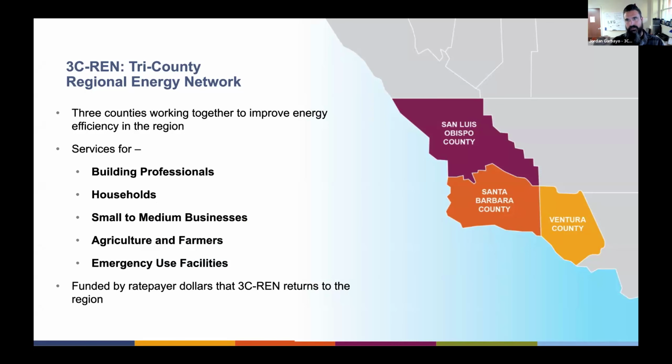That small percentage we all pay on our investor-owned utility bills, whether it's PG&E, SoCal Edison, or SoCal Gas, to bring programming to our region that otherwise wouldn't be served by other programs that are typically used in larger, more populous regions of the state. So we currently have services for building professionals, which is what we're talking about today, households, small to medium businesses, agriculture and farmers, as well as emergency use facilities.